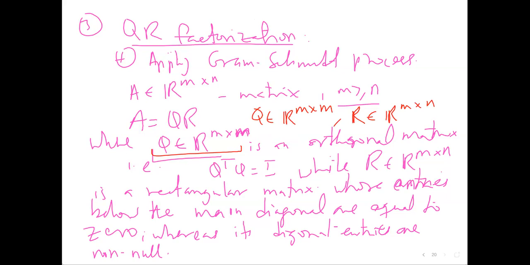It depends on how you write your matrices. In this case, if you put Q to be M by N, then you have to put R to be N by N. This is matrix computation, right? So you have to be careful. If you say M is less than or equal to N, then you can write it as you are saying. So that's all you have to be careful about.